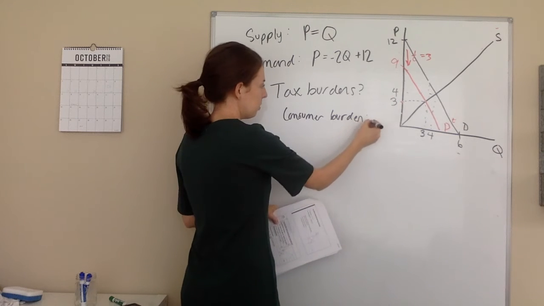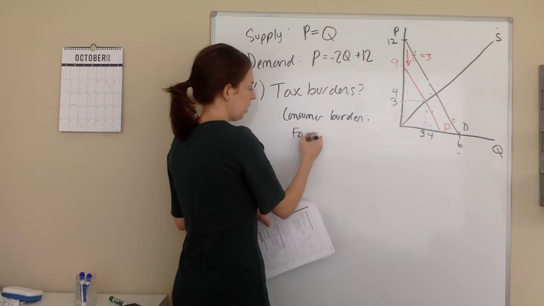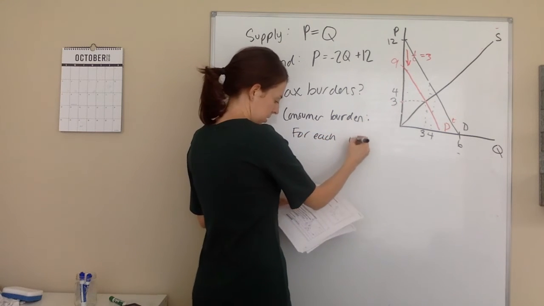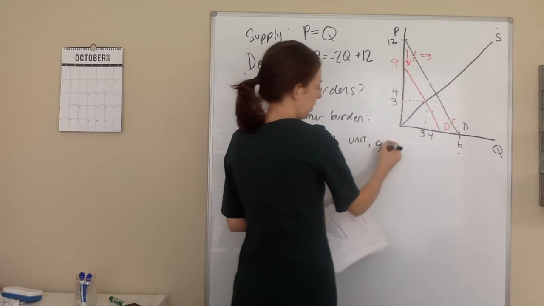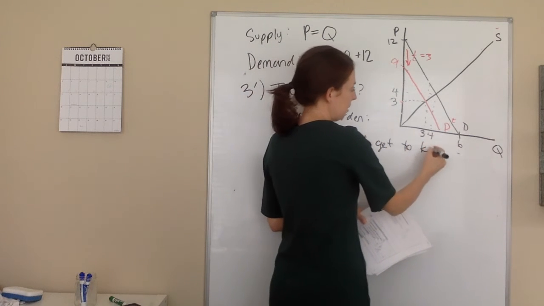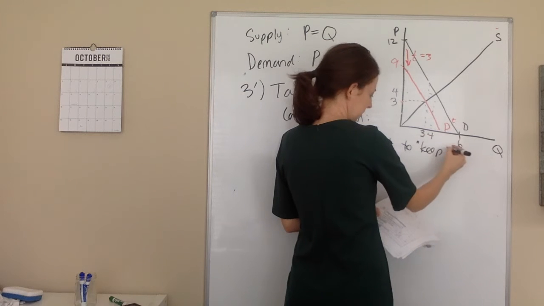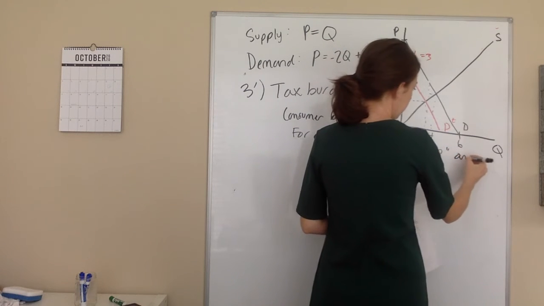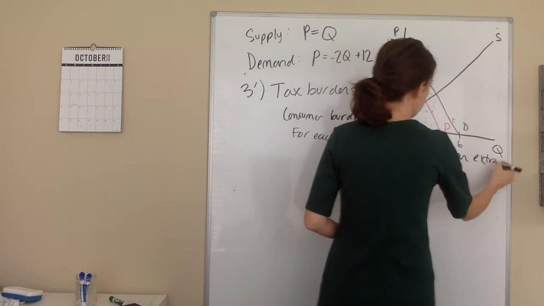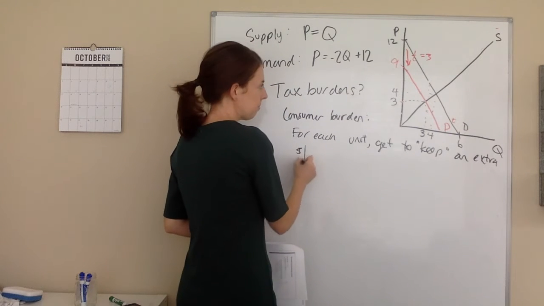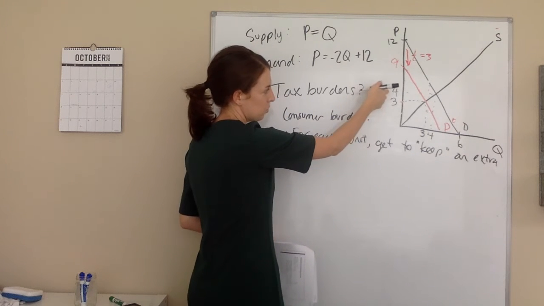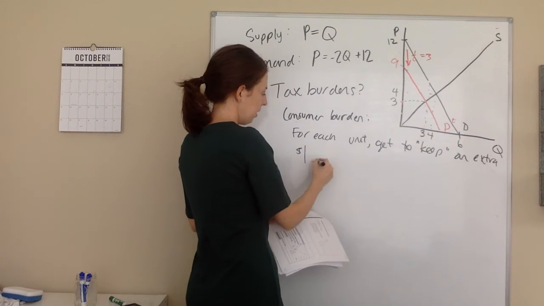So for each unit, they get to, put quotes around this, keep an extra $1. This is because the equilibrium price moves from 4 to 3.